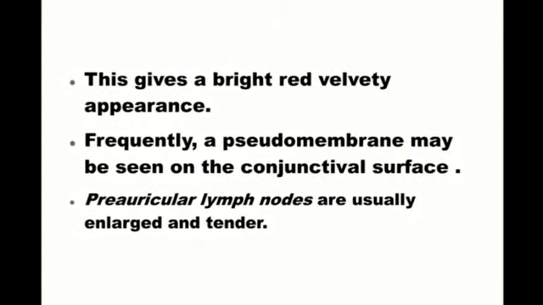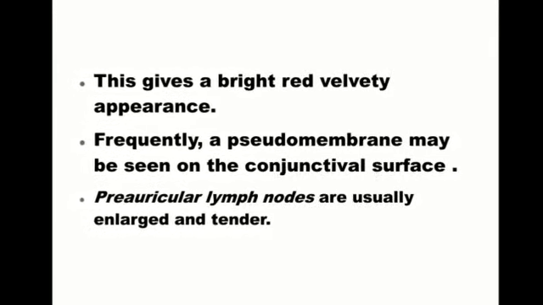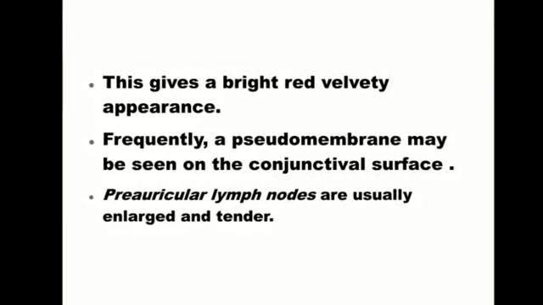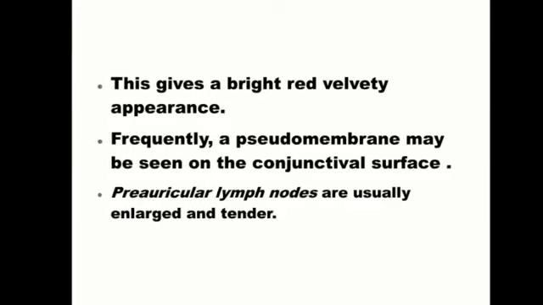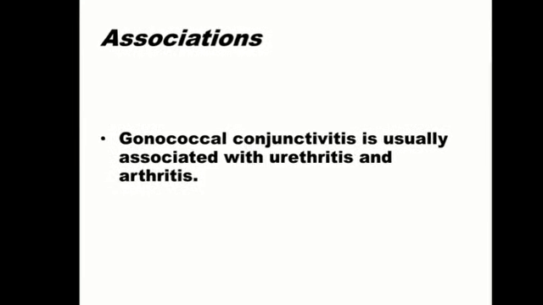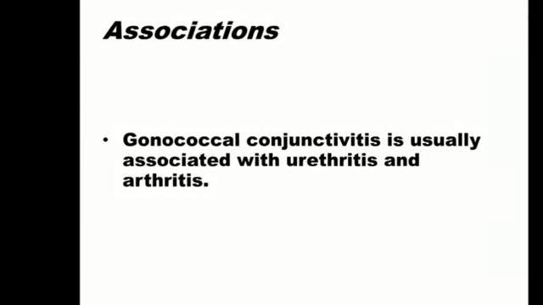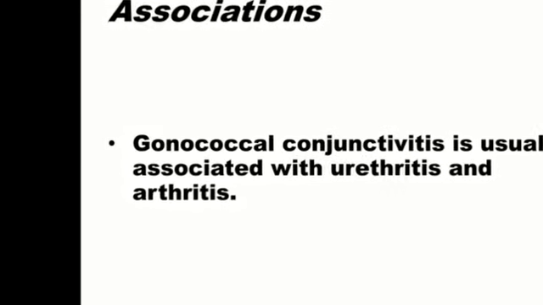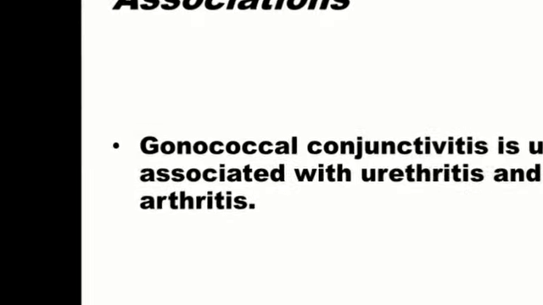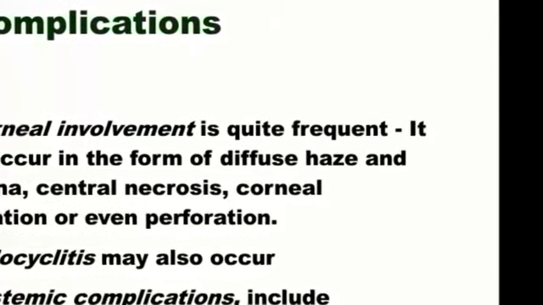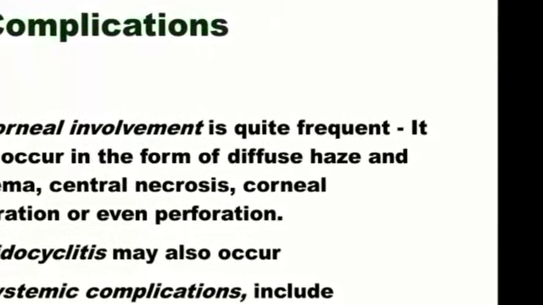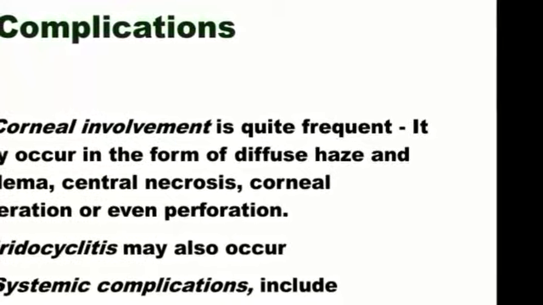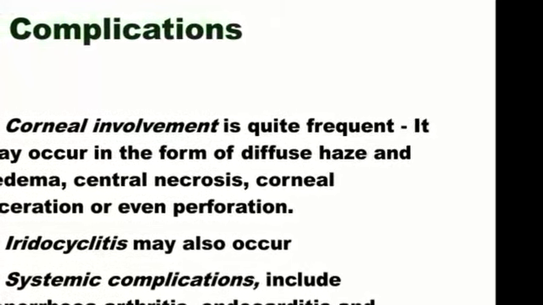Frequently, a pseudomembrane may be seen on the conjunctival surface. Preauricular lymph nodes are usually enlarged and tender. Usually, hyperacute bacterial conjunctivitis is associated with urethritis and arthritis. Complications of hyperacute bacterial conjunctivitis for adult type include the corneal involvement, which is quite frequent.